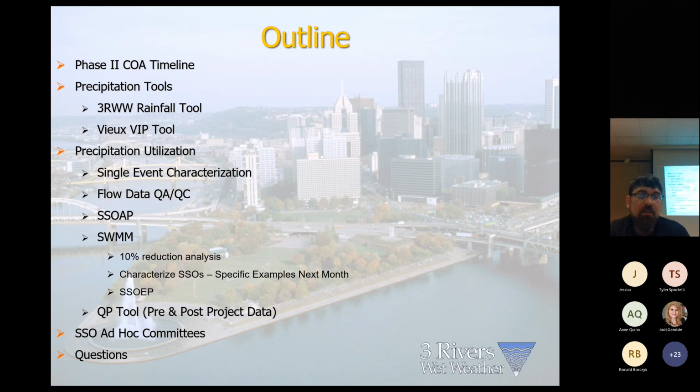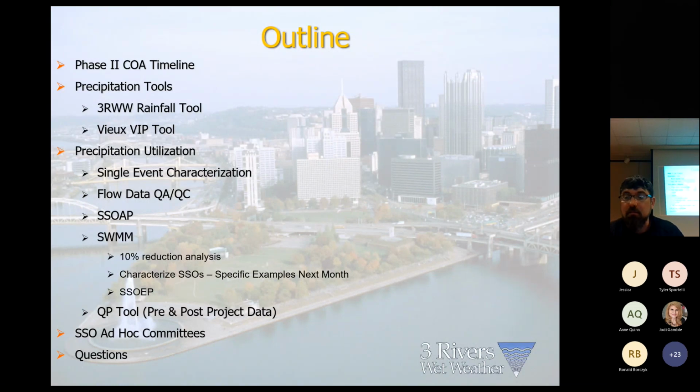And then as far as utilization goes, we can use it to characterize single events. We're going to need to utilize the precipitation data when we're doing QA/QC for flow data, the EPA SOAP program for storm deconstructions, and for SWIM H&H models.